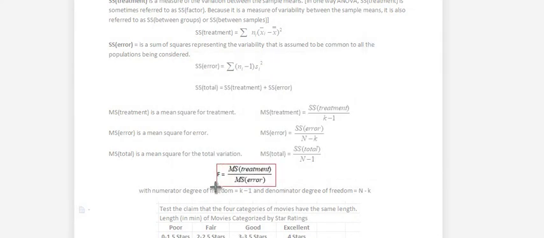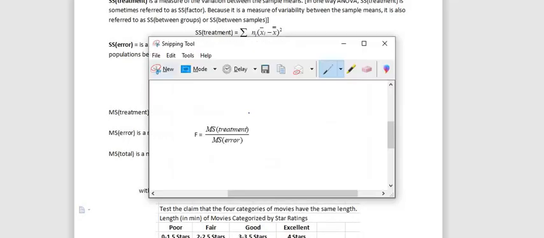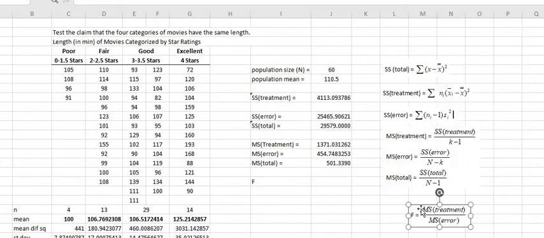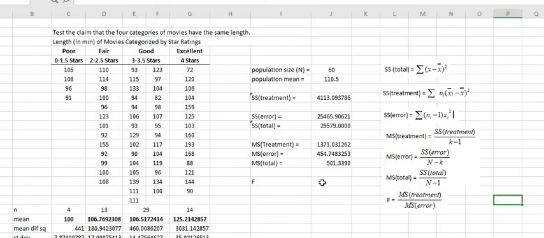this one, F, copy. So we will be using this one here. So this will be your guide. So F is equivalent to, equals MS treatment over MS error. This one divided by MS error. Enter. So we have the value of 3.0149.